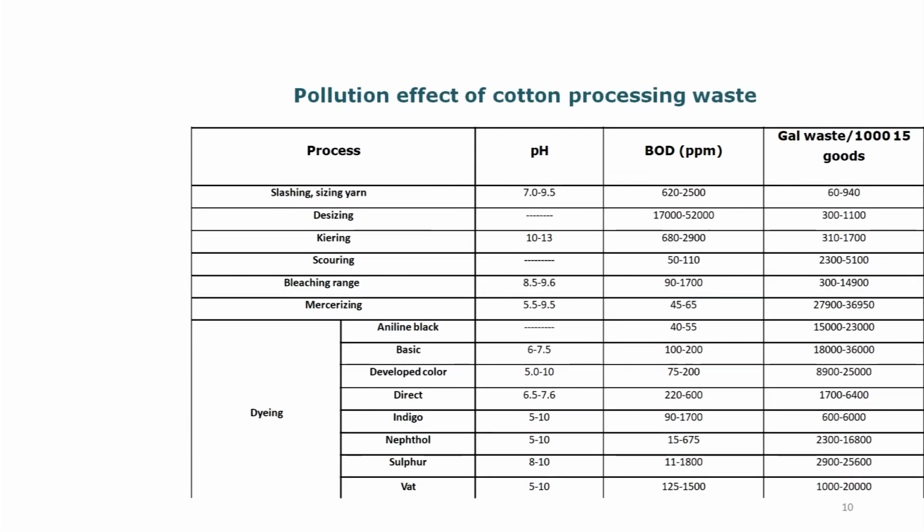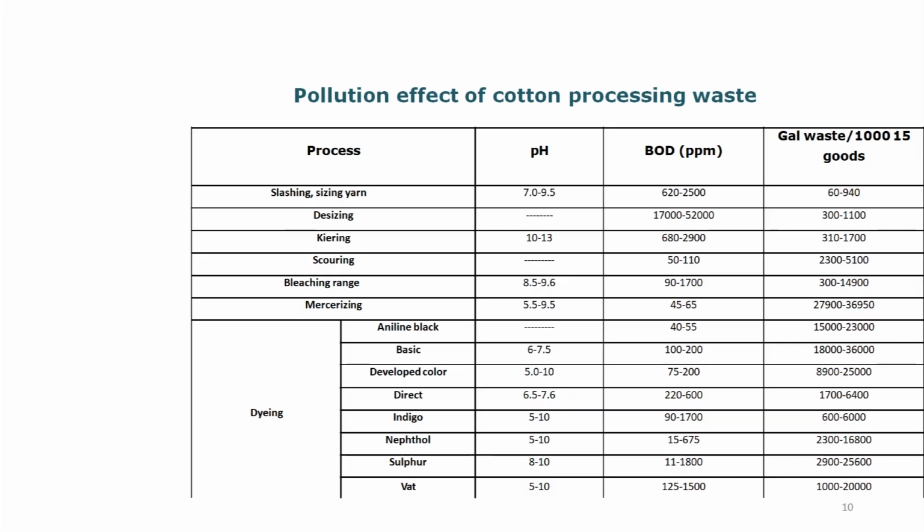Now, when we look at this chart, we see the pollution effect of just the cotton processing waste is of this order. How much waste, in gallons, is generated only in slashing and sizing, where the pH is 7 to 9.5 and the BOD ranges from 620 to 2500. Then desizing creates so much rise in BOD, that is biochemical oxygen demand.